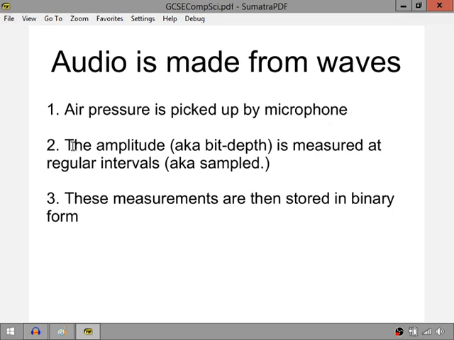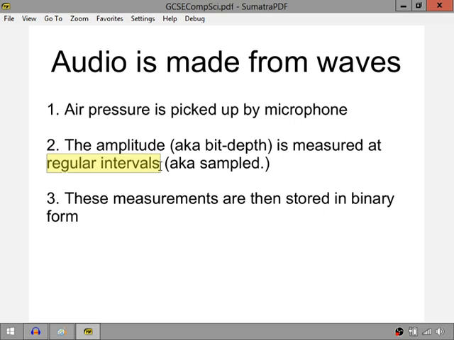Second of all, the amplitude of the waves that have just been picked up by the microphone. And when I say amplitude, that's just a really posh word for the height of those waves. So the height of those waves is measured at regular intervals. And when we say regular intervals, that is also known as the sample rate of a recording.